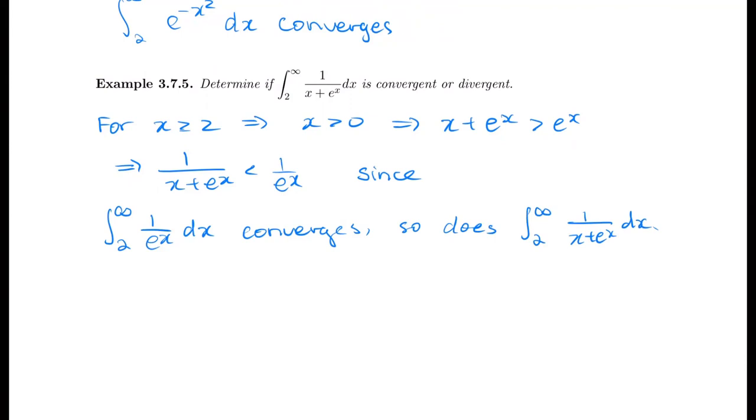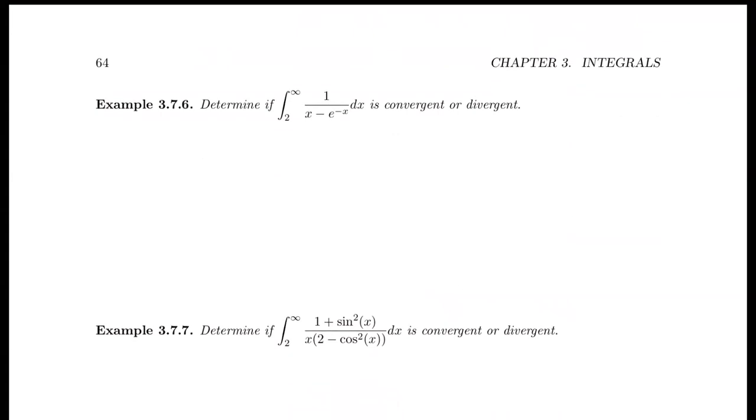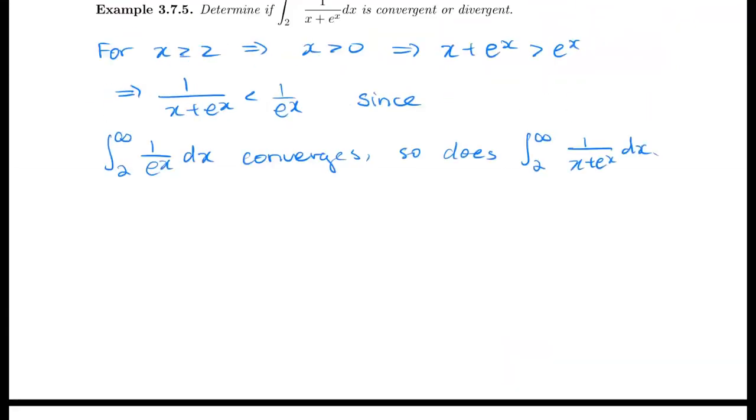Okay, so now let's have a look at the next one. We want to determine if the integral from 2 to infinity of 1 divided by x minus e to the power minus x is convergent or divergent. Well, same style as before.